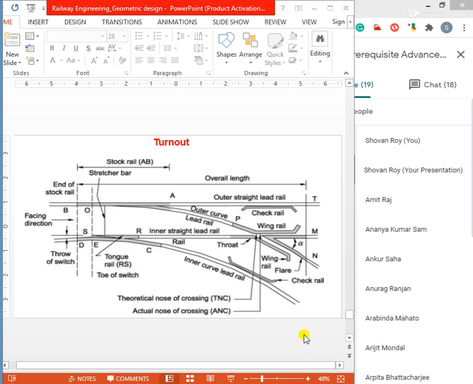As per my knowledge, the important things are the stock rail, which is still used in railways, the tongue rail, check rail and wing rail. With this diagram, you should mention these things: what is the stock rail, what is the tongue rail, what is the wing rail, what is the check rail.